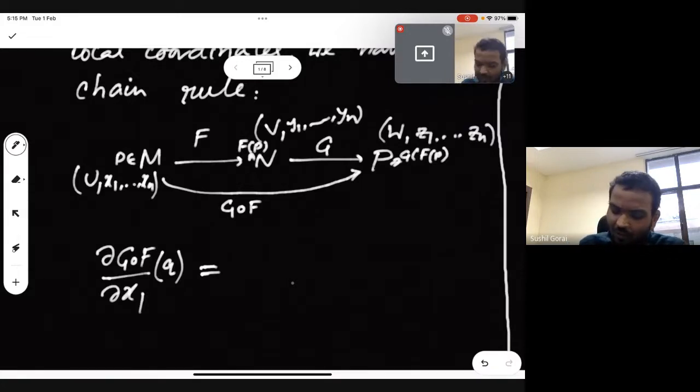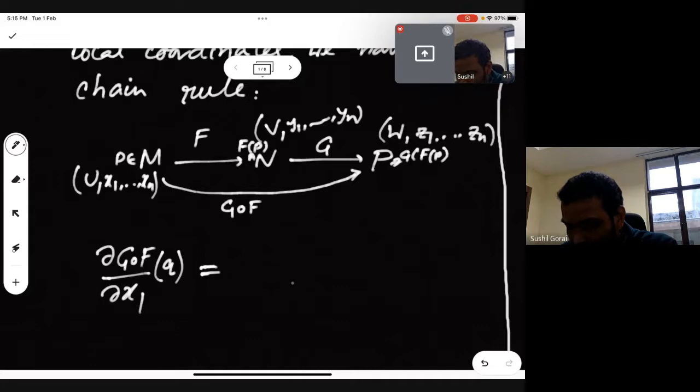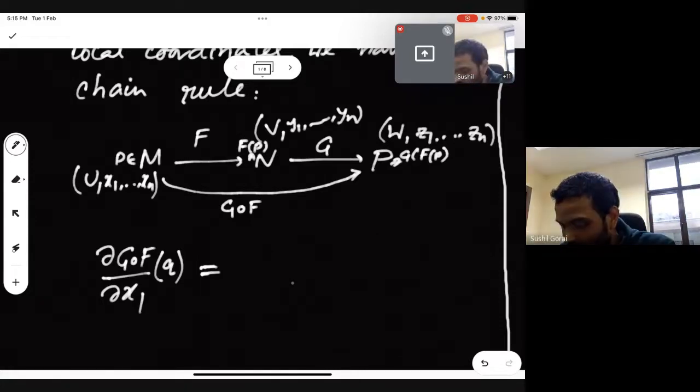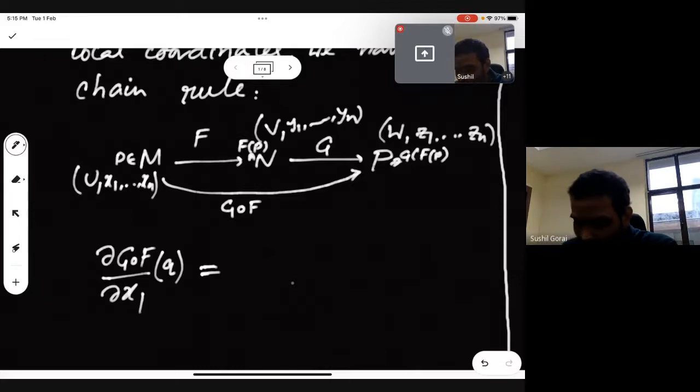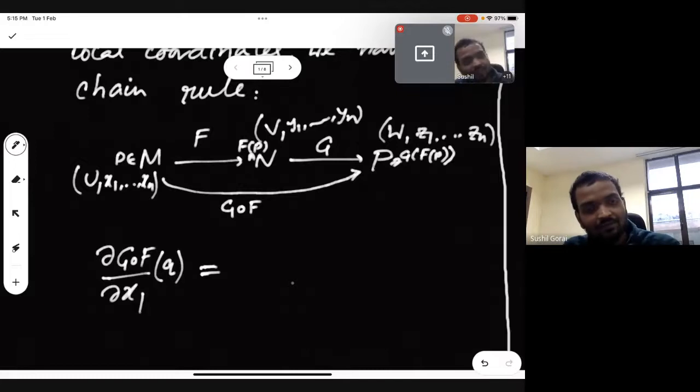Here the coordinate system at P is U, x1, x2, ..., xn, the way we defined last time. The coordinate system around F of P is V, y1, y2, ..., yn, and the coordinate system around G of F of P is W, z1, z2, ..., zn.